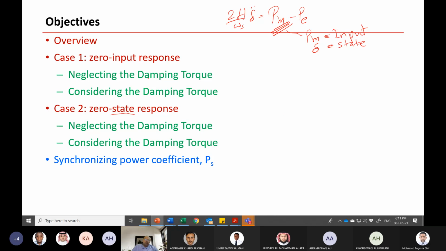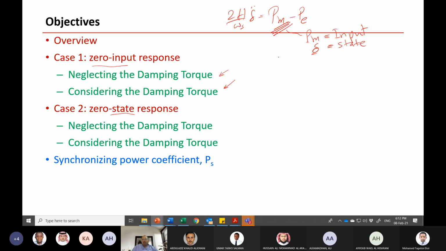So we will study the response of the system for steady-state stability analysis under zero input, meaning there is no change in mechanical power, and zero state, meaning no change in the angle. In both cases, we will consider the damping torque and we will neglect the damping torque.